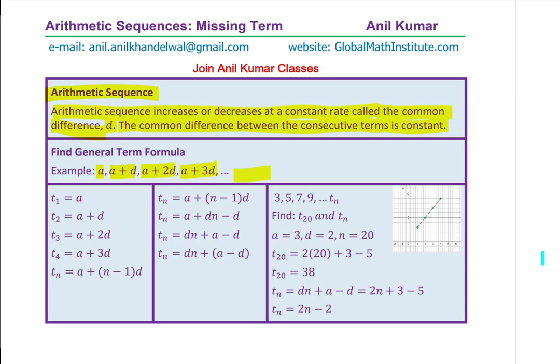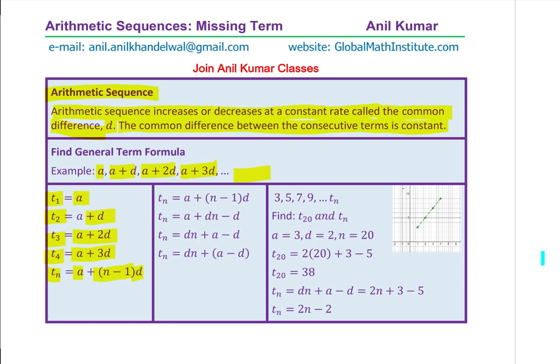So what you notice here is the first term is A, second is A plus D, third is A plus 2D, fourth is A plus 3D. You are adding one less D than the term number, and therefore nth term should be A plus (n minus 1) times D. That is the formula given in most of the books, and it helps to find the nth term.